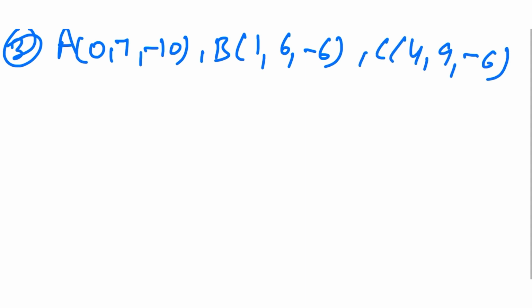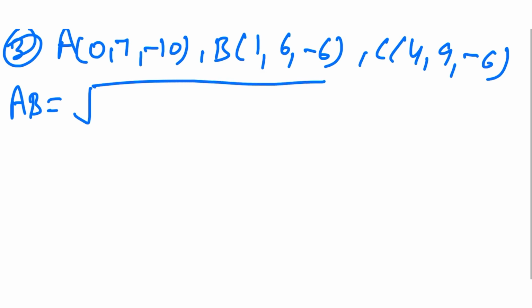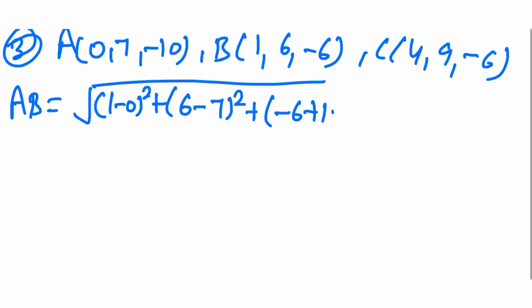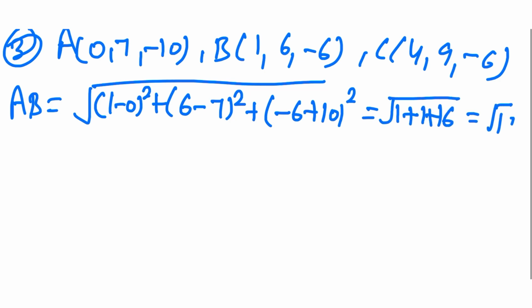Now we have to check whether these are the vertices of an isosceles triangle. So we are finding distance AB, that is the square root of (x2 minus x1) square plus (y2 minus y1) square plus (z2 minus z1) square. So we got this as 1 plus 1 plus 16, or we can say root 18.